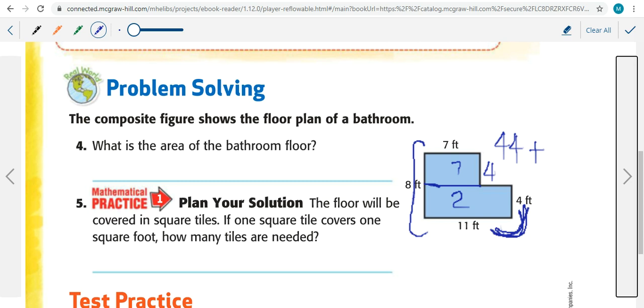Because 8 minus 4 is 4. Now we multiply. 7 times 4 is 28, and then we add 44 plus 28 is 72. The area is 72 feet square.